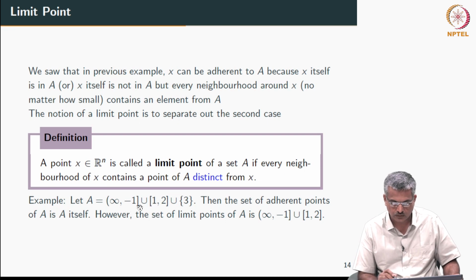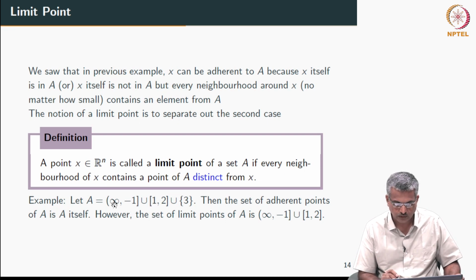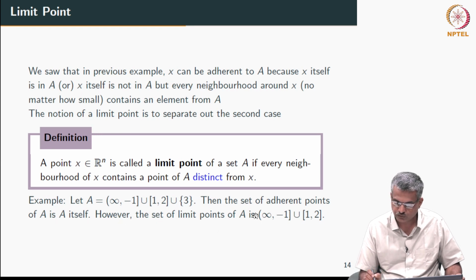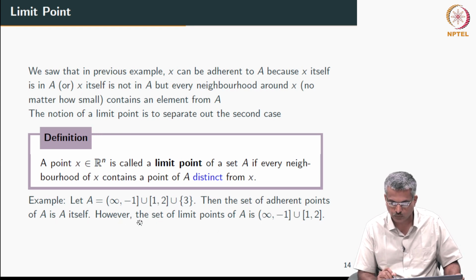The adherent points are all points from minus infinity to minus 1, all points between 1 and 2, and also the point 3 itself.